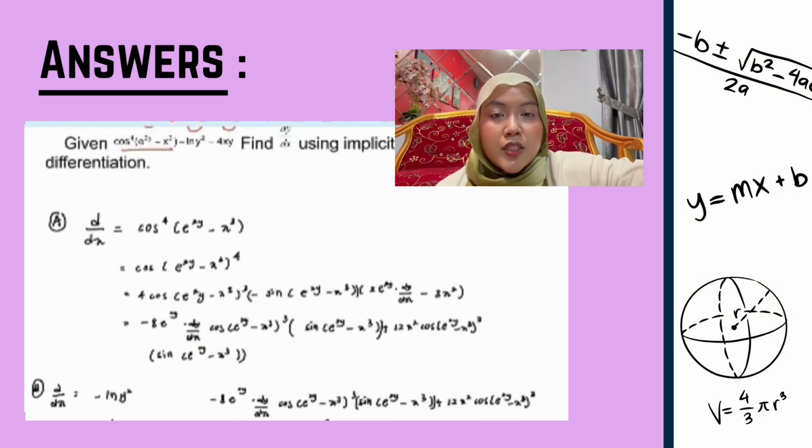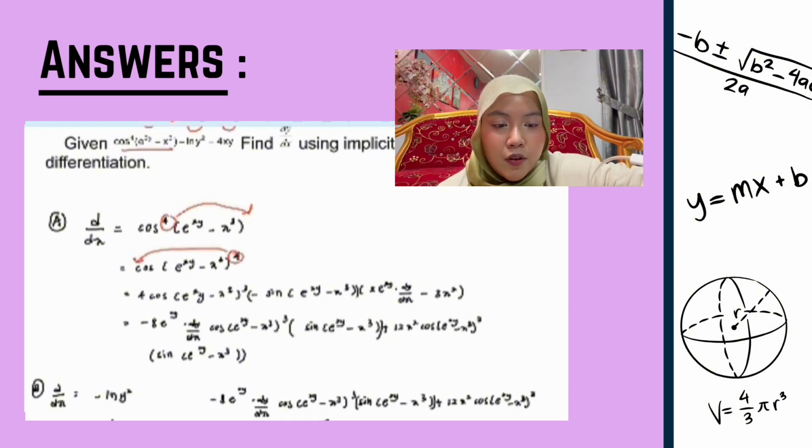So first we need to differentiate d/dx of cos^4(e^y − x^3). We move the 4 to the back, and then we use the differentiation steps to bring the 4 to the front, and then 4 minus 1, we got 3, and then we got 4 cos^3(e^y − x^3).